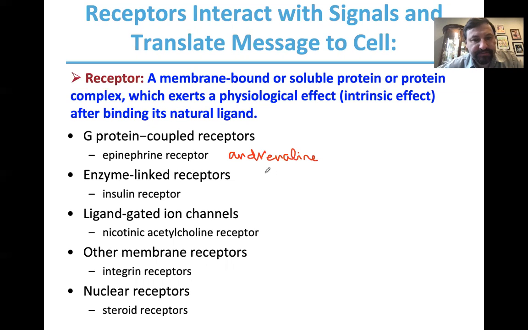So this is responsible for what's known as a fight or flight type response. For example, when there is a ligand present, epinephrine, it will bind to various cells in the body, and one physiological response would be to divert blood from non-essential organs, such as the stomach, to skeletal muscles, right?